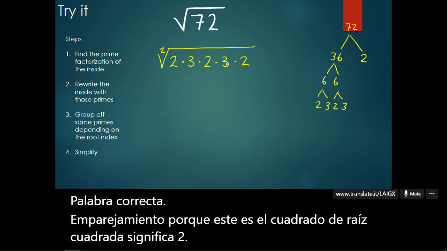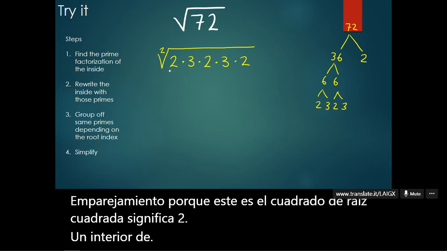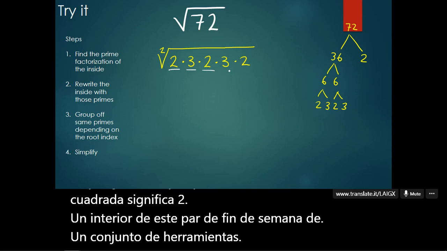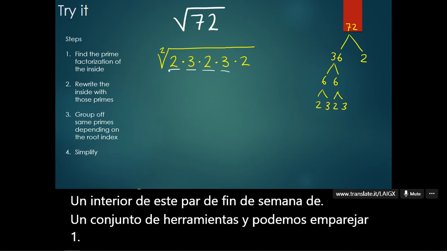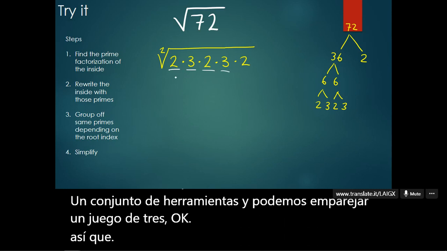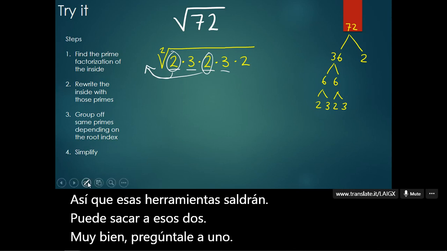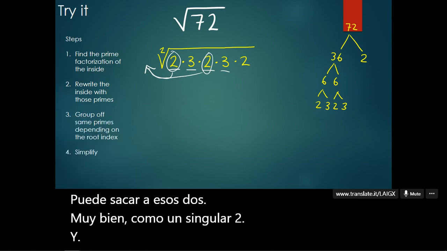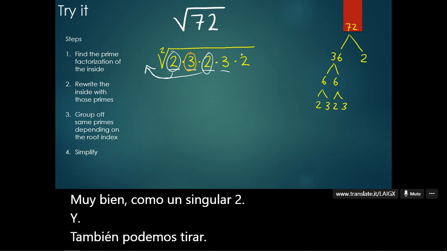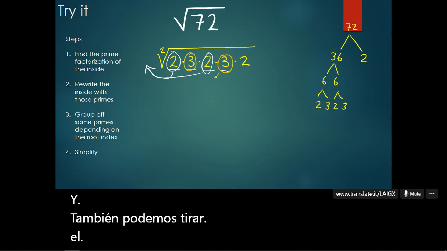And inside of these, we can pair off one set of 2's and we can pair off one set of 3's, okay? So those 2's will go outside. You can pull those 2 out, all right, as one singular 2. And we can also pull the 3's to the outside as one singular 3.